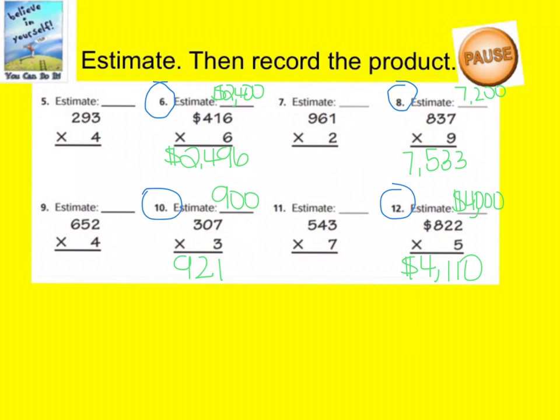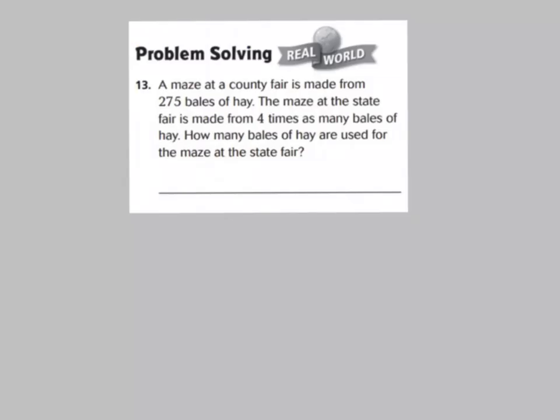We're going to move on to the next problem. All right, boys and girls, I'm going to go ahead and read our number 13. Go ahead and follow along with me as I read it. A maze at a county fair is made from 275 bales of hay. That's at the county fair. The maze at the state fair is made from 4 times as many bales of hay.